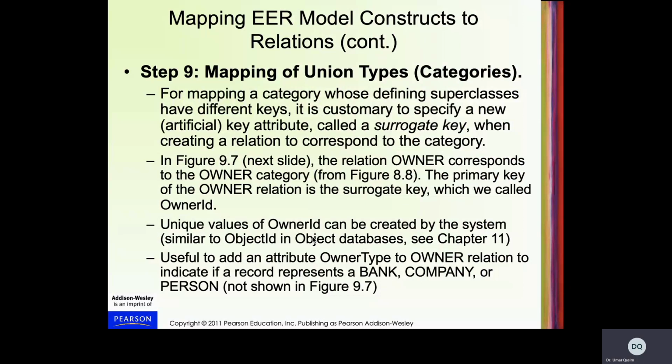So the primary key of the owner relation is the surrogate key, which we call owner ID. Unique IDs of owner ID can be created by the system, for instance, auto IDs, like object IDs generated in object databases. It is always useful to add an attribute owner type to the owner relation in such a case, so that we can tell if the owner is a bank, a company, or a person.